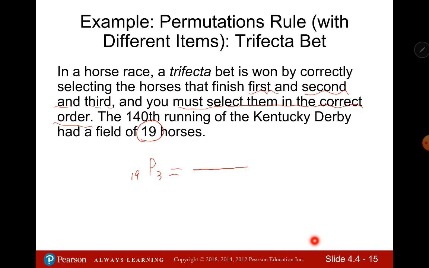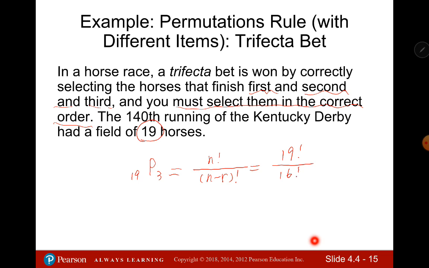By the formula, there will be n factorial over n minus r factorial. So in this case, it will be 19 factorial over 19 minus 3, which is 16 factorial.